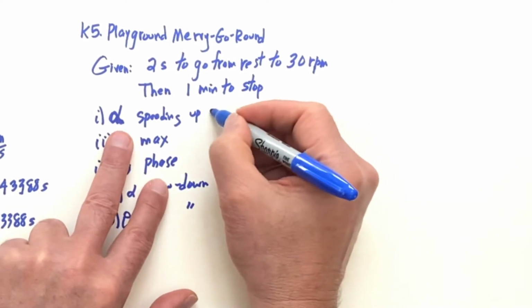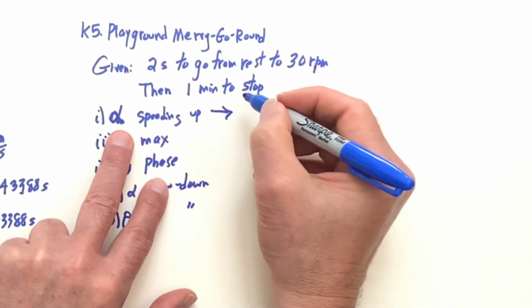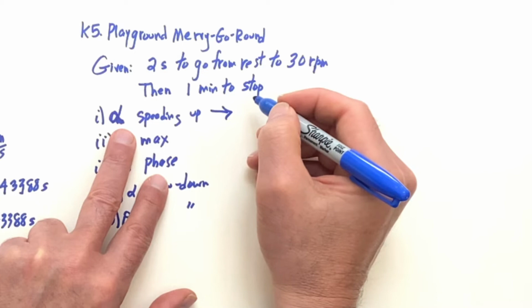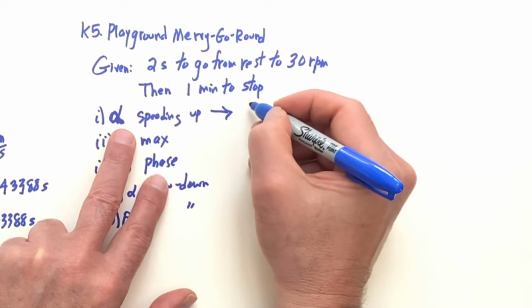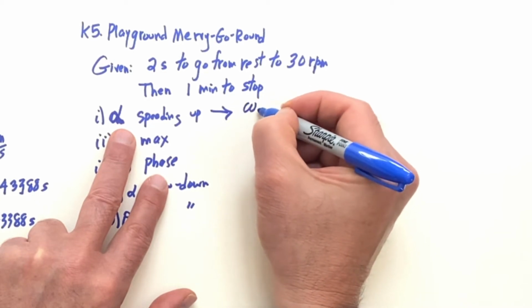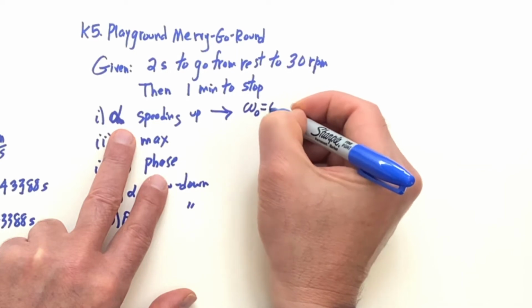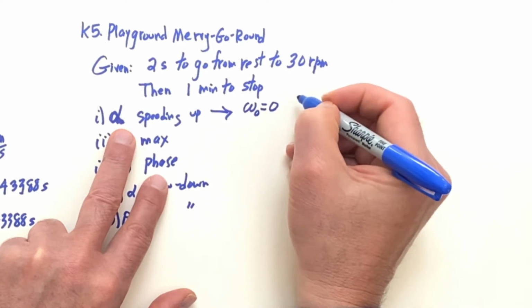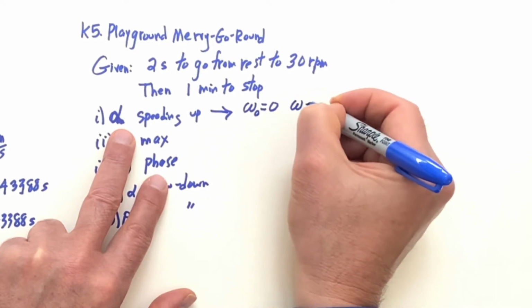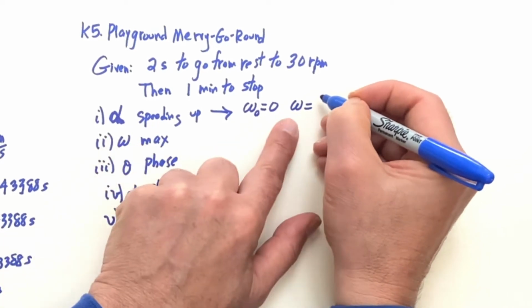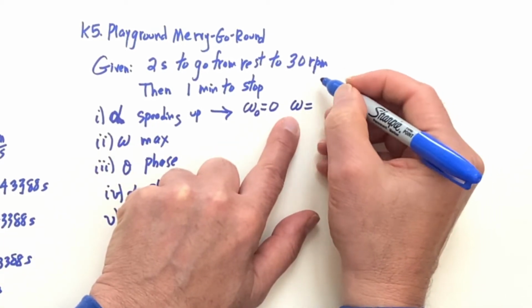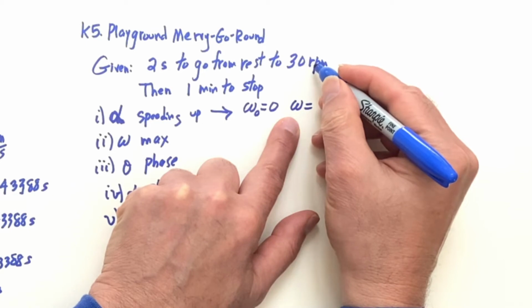So for the solution for part 1, we want to know what the angular acceleration is. So we go from angular velocity 0 to some angular velocity omega, which is, now this is rads per second, so each rotation is going to be 2 pi.